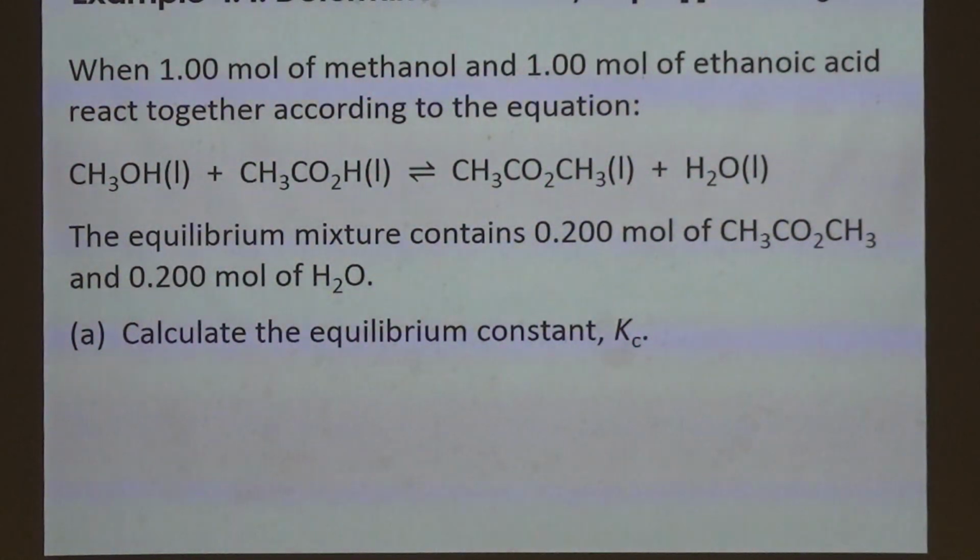In this case, you will have realized that unlike example 4.3, example 4.4 didn't give you the volume of the vessel. So if we wanted to find the concentration, we would need the volume, right? Does it render this question unsolvable? Not really.